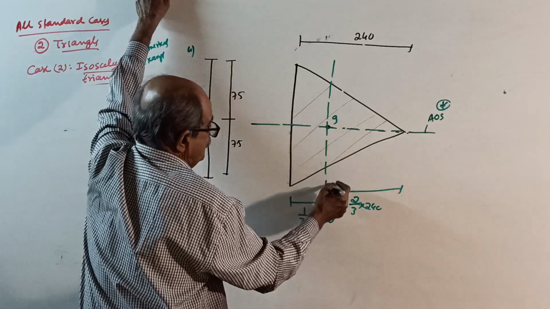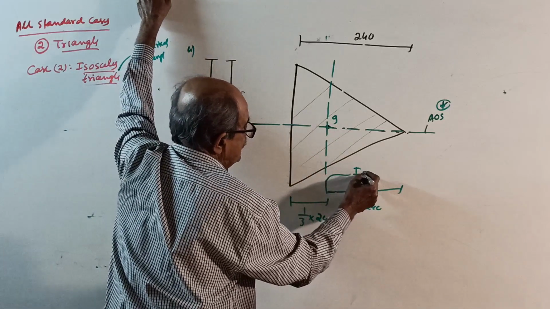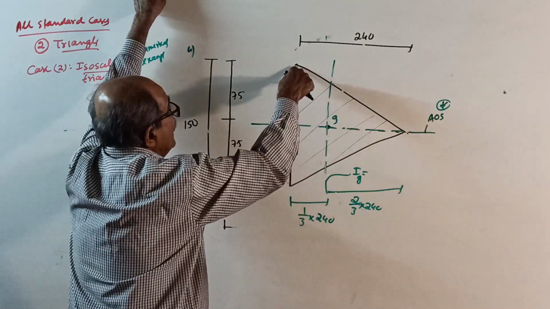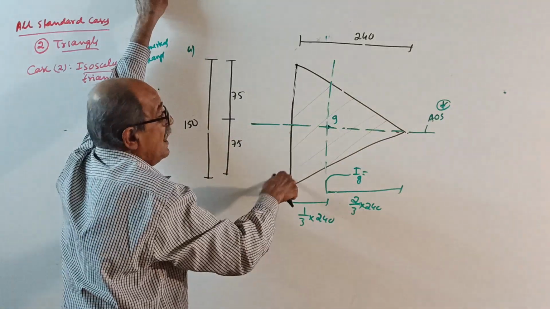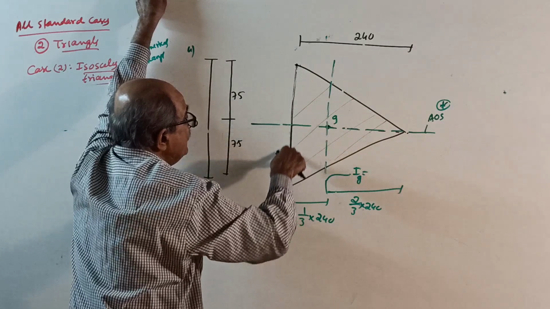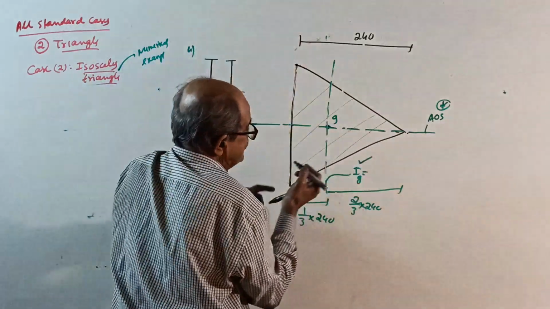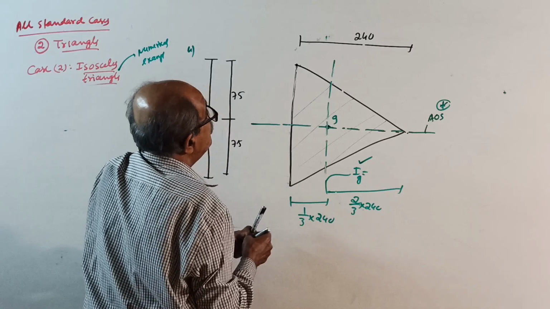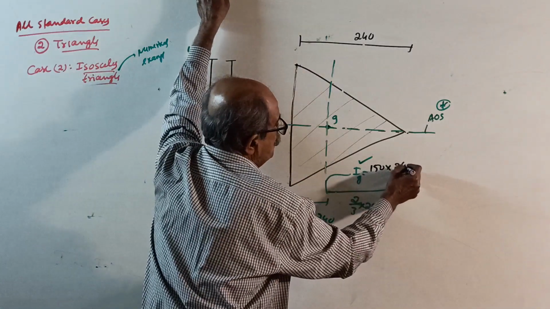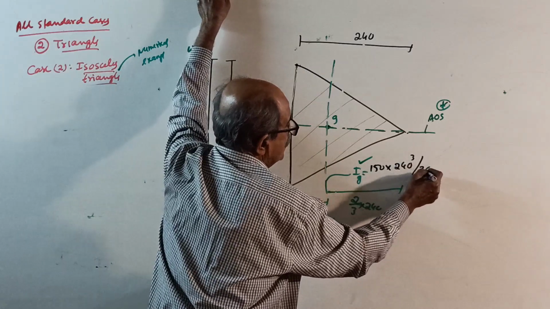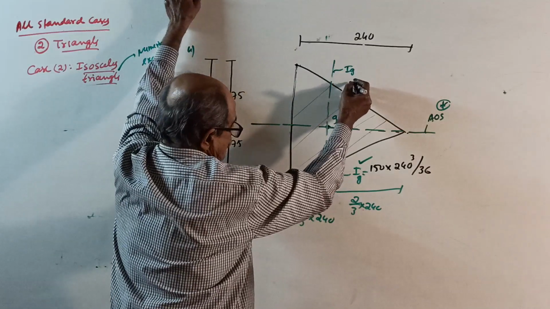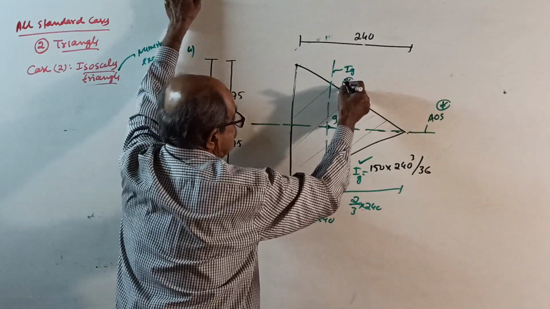Now, when you want this IG, see here, for this IG, parallel side 150 is the base, and base and height are defined, and it is the extreme edge, so no problem. Direct answer. How much? That is base how much? 150 into 240 cube by 36, usual. But this IG, be careful. For this IG, star will come.